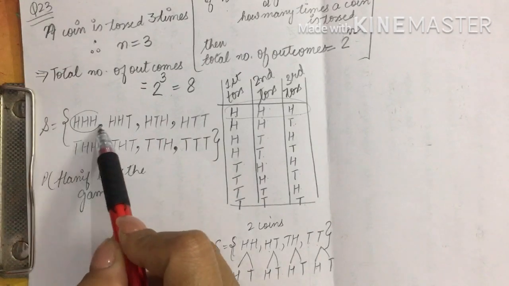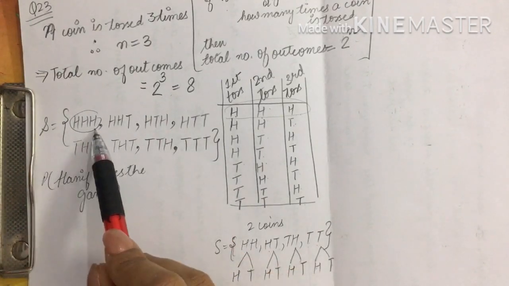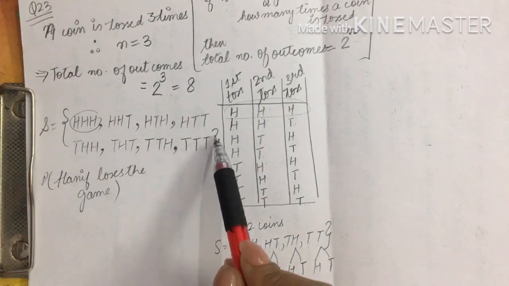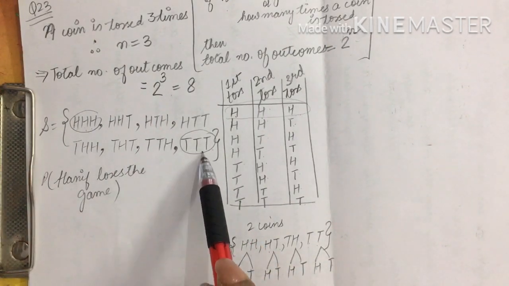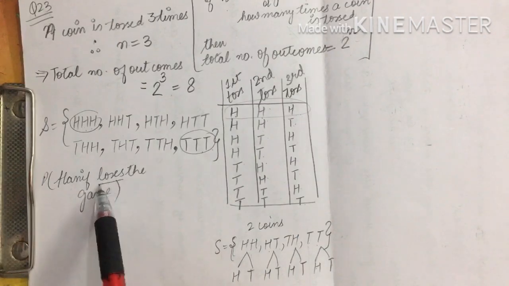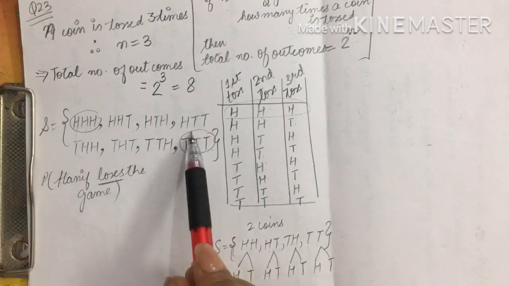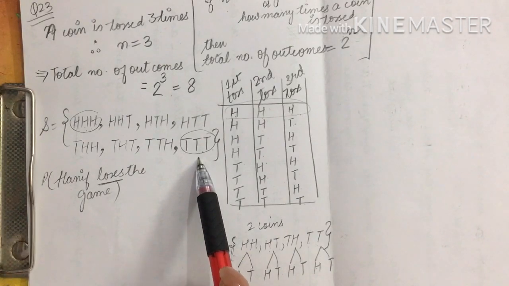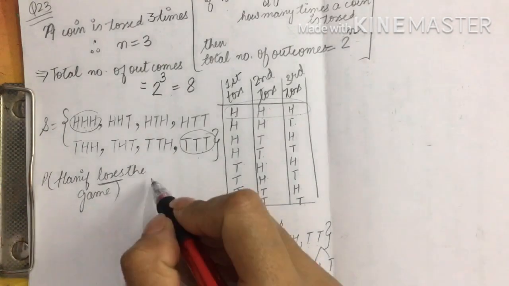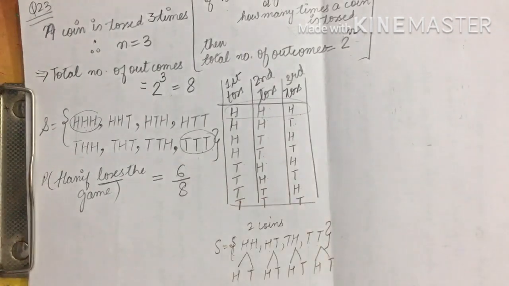So this is the case when he gets the same result in 3 tosses, and this is the other result in which he gets the same result. So this is a winning situation, this is a winning situation. We want the situation when he loses. So out of 8, 2 outcomes will make him win and the remaining 6 will make him lose. So 6 out of 8 outcomes are against him.